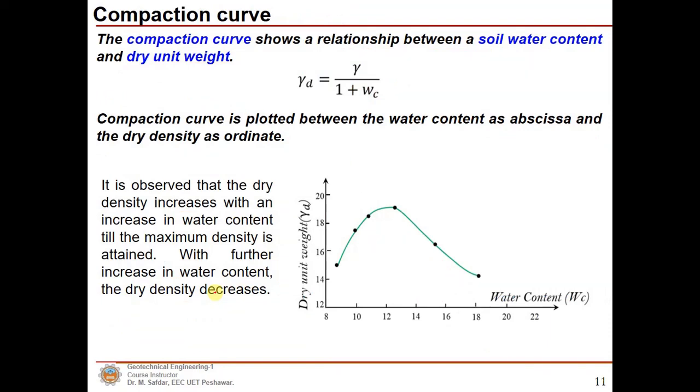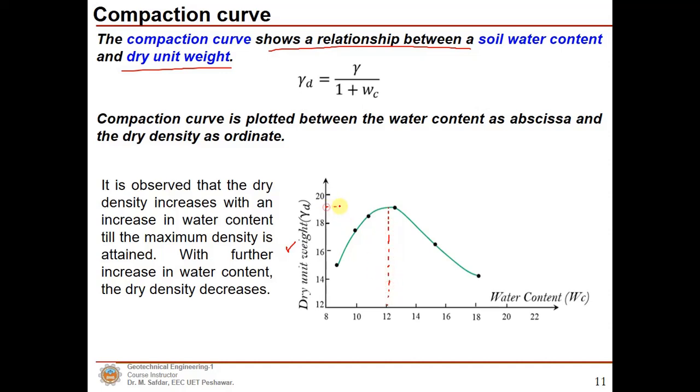Now the compaction curve, which can be drawn by standard Proctor test or modified Proctor test, will be discussed in part 2 of the soil compaction lecture. The compaction curve shows a relationship between a soil's water content and the dry unit weight. Now we need to find out the maximum dry unit weight at the optimum moisture content.